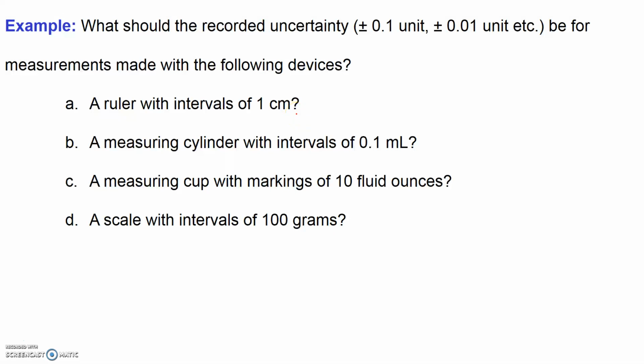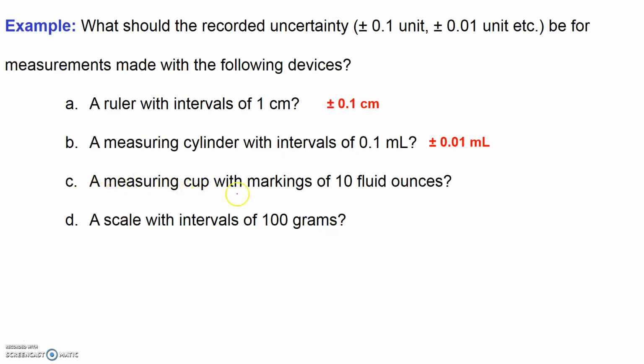We're going to go one factor smaller and record plus or minus 0.01 centimeter. If we have a measuring cylinder with intervals of 0.1 milliliter, we need to go one factor smaller. So the uncertainty here would be plus or minus 0.01.